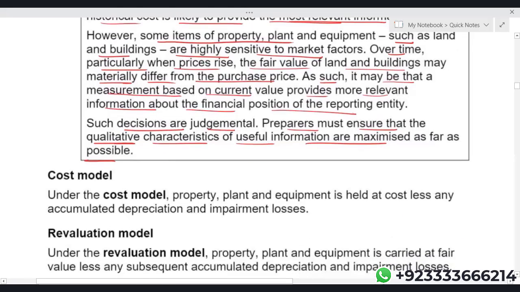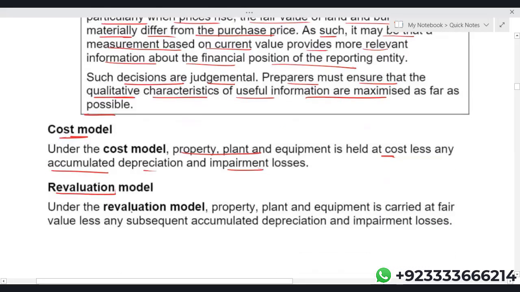Okay, when an entity follows the cost model, property, plant and equipment is held at cost less any accumulated depreciation and impairment. Under the revaluation model, property, plant and equipment is carried at fair value less any subsequent accumulated depreciation and impairment losses. Now, very important concept.